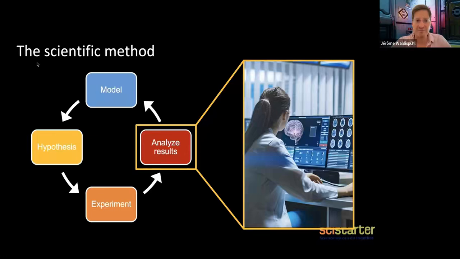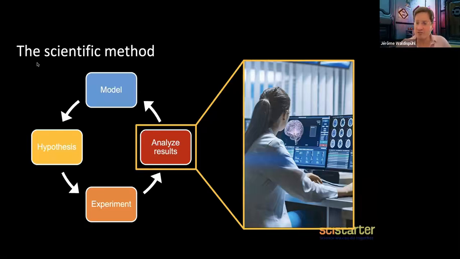So in these different components of the scientific method, the one that will be interesting for us here is really about analyzing the results. When you're collecting data from the world, how do you decipher and analyze them to extract the signal we need to understand the world? And what you have to understand is that this task here is, at least nowadays, intrinsically a tight collaboration between computers and humans.